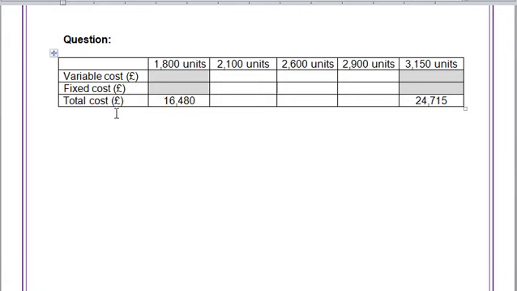We have here a table that tells me 1,800 units at a total cost of 16,480 and 3,150 units at a total cost of 24,715.